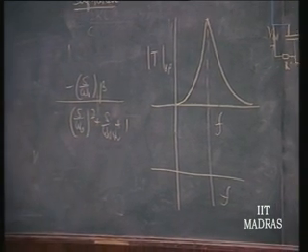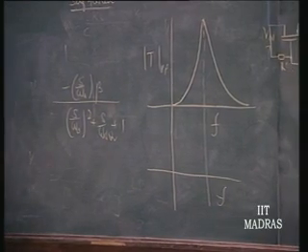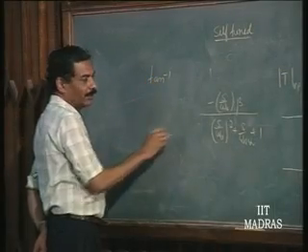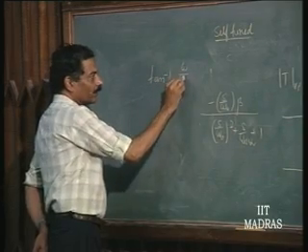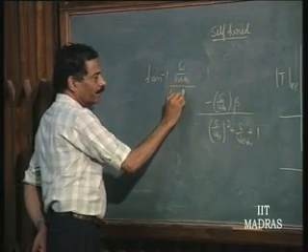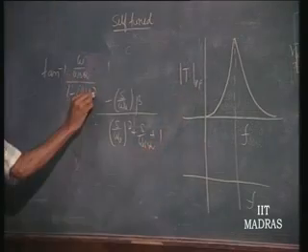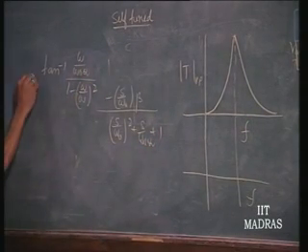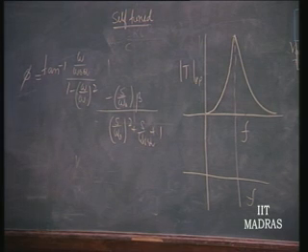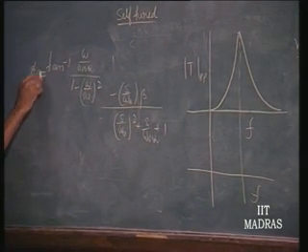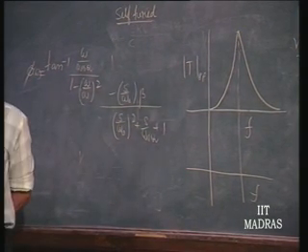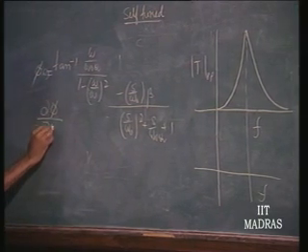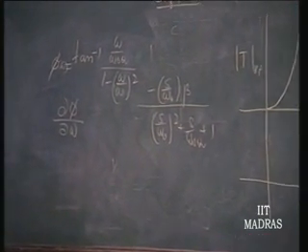Denominator is the one which causes phase variation with respect to frequency, which is nothing but tan inverse of omega by omega naught Q divided by 1 minus omega by omega naught squared, right. That is the phase variation with respect to frequency, right. And if you maximize this, find out delta phi by delta omega.